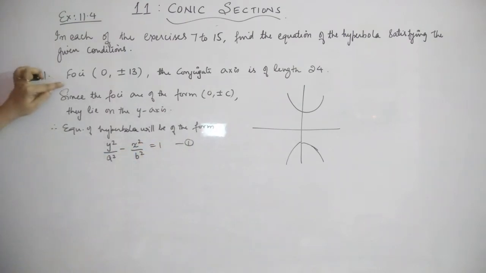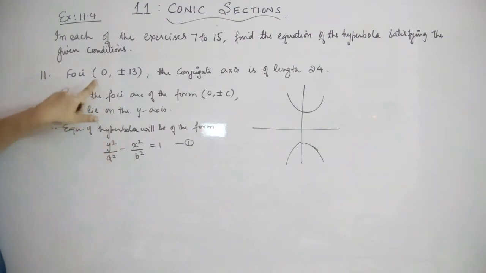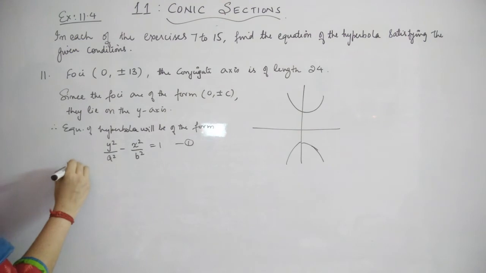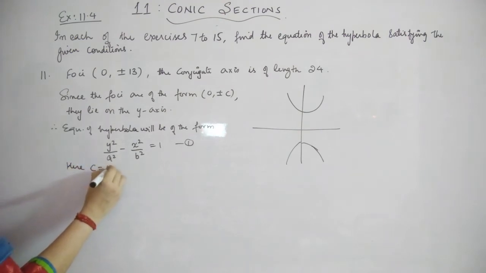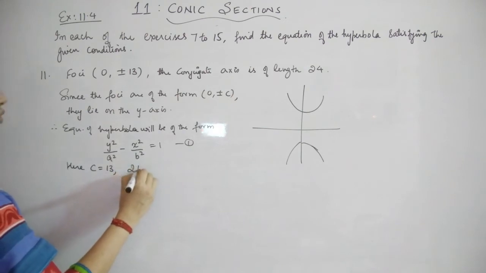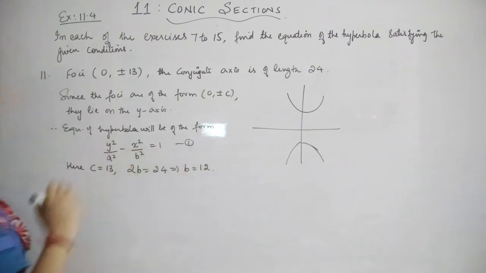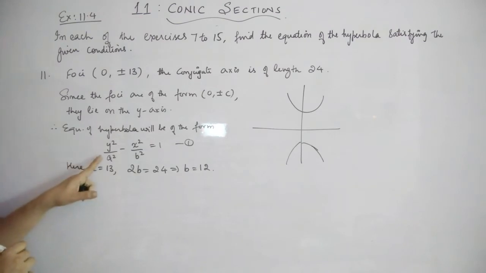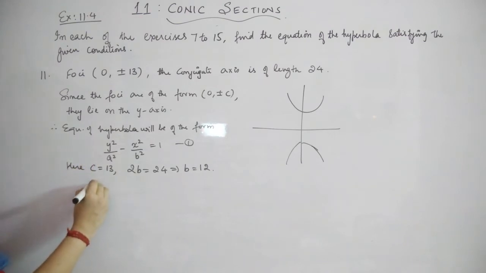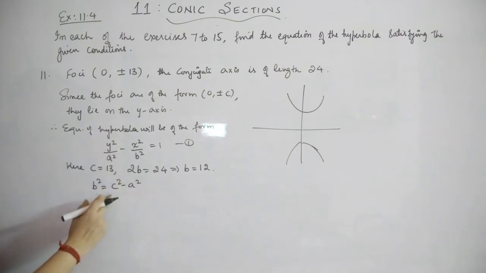Now we will move on to what is given in the question, because we need to replace a square and b square here. From this you will get c is equal to 13, and conjugate axis is of length, means 2b is given to be 24, which will give you b equal to 12. Now we want to find out what is a, and what is the connection relating these three. b square is equal to c square minus a square, and you need a square.